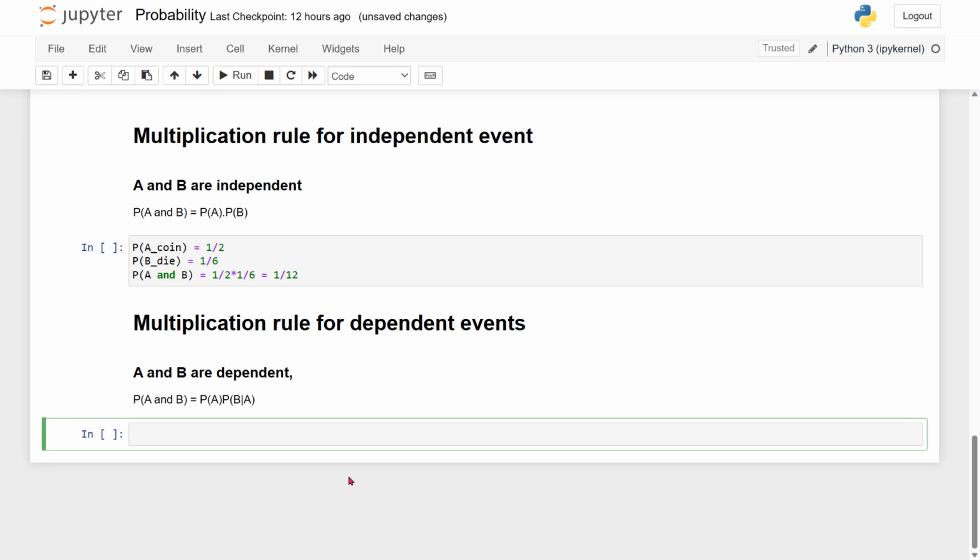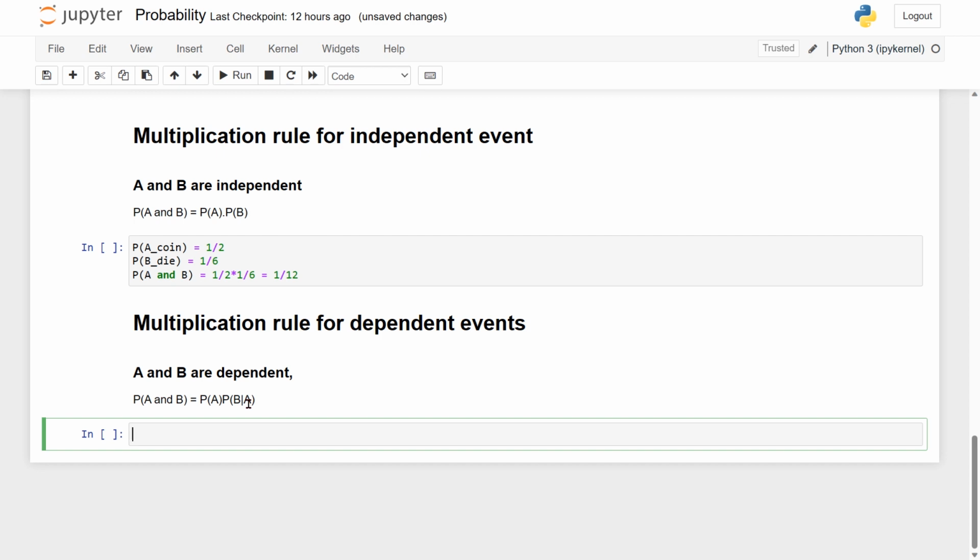If you want to take an example, here the probability of B vertical bar A denotes the conditional probability of B given that A has occurred.